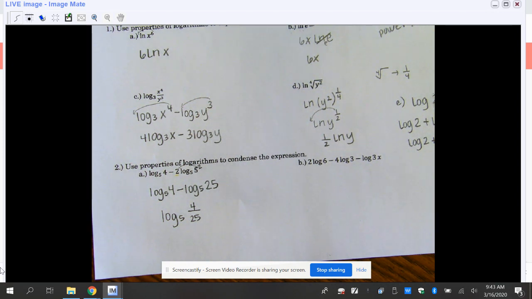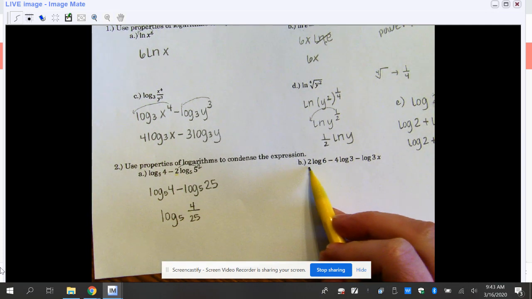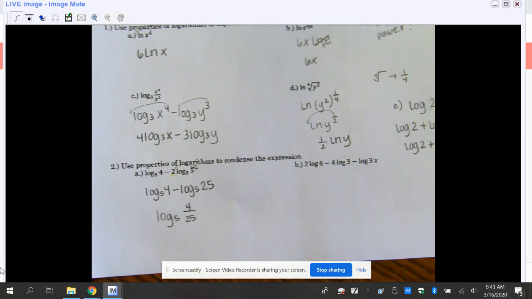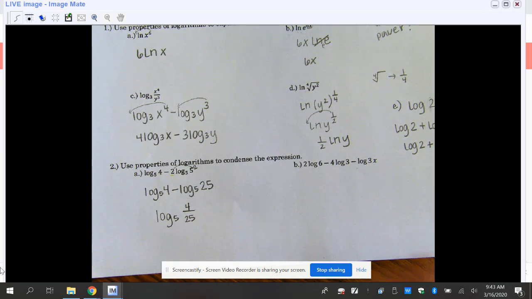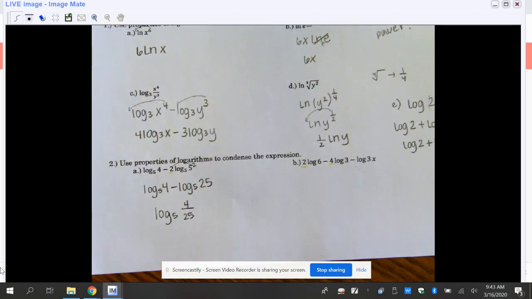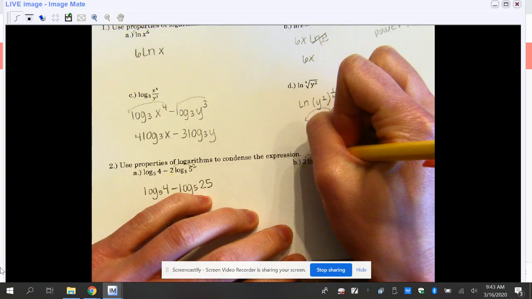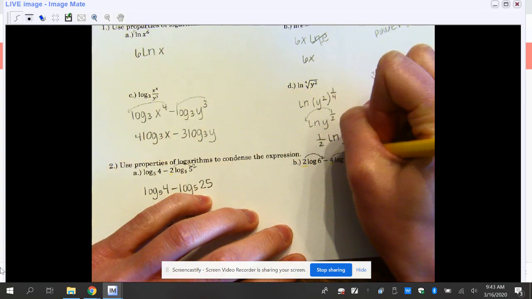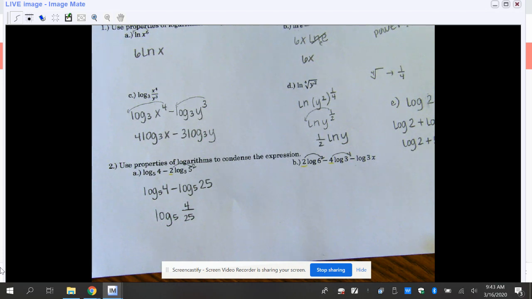All right, so now here we've got our 3-stepper. So we're going to work from left to right. Now we're going to start by looking to see if anything is being multiplied by our log. Start by putting that back into the exponent. Okay. And then there's nothing in front of that one.